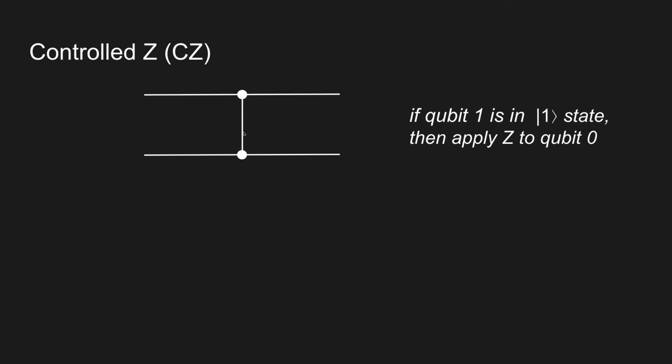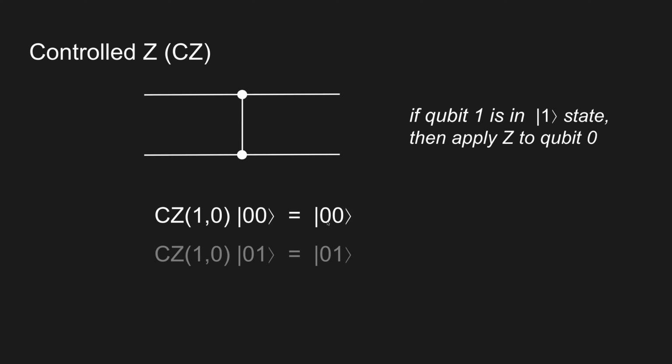And so both of these states are basically control states, so that's why this is a symmetric operation. So let's have a look at what that looks like on the 0, 0 state. Obviously, because the controlled qubit is in 0 state, nothing will happen. Same for 0, 1 state.